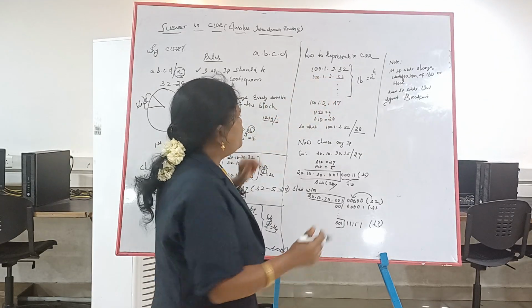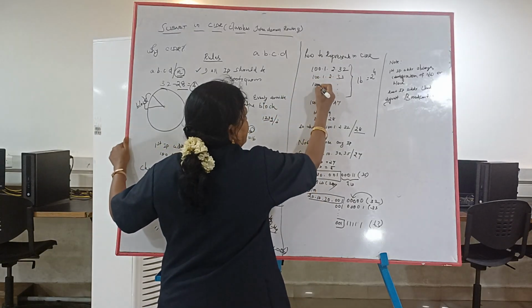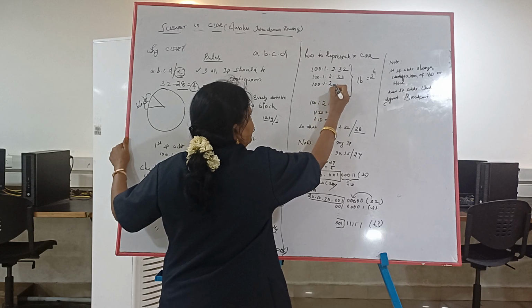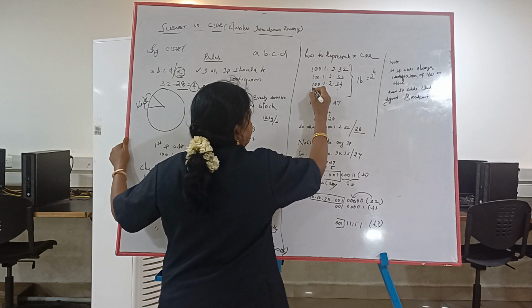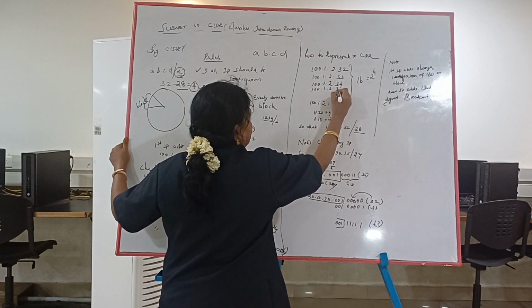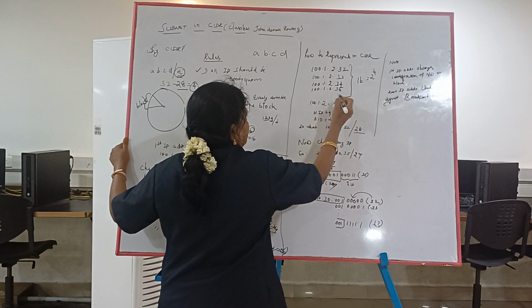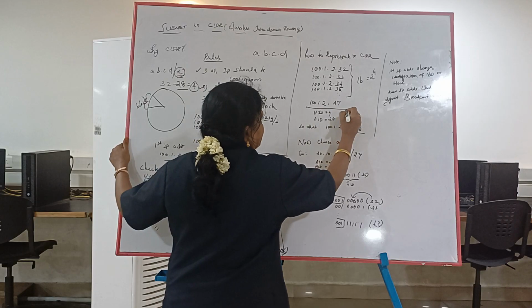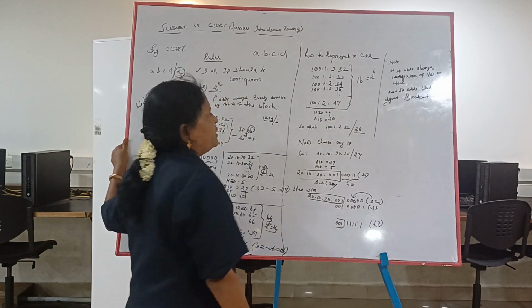100.1.2.32, 100.1.2.33, 100.1.2.34, then 100.1.2.35, and so on till 47.